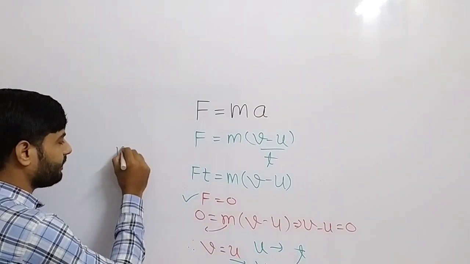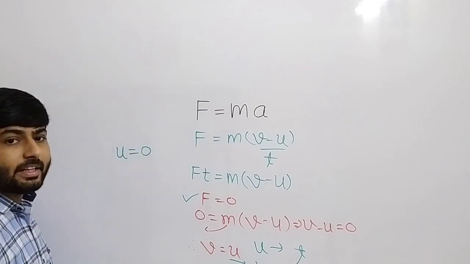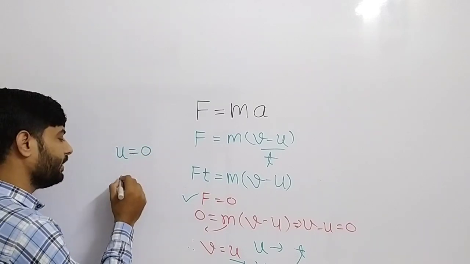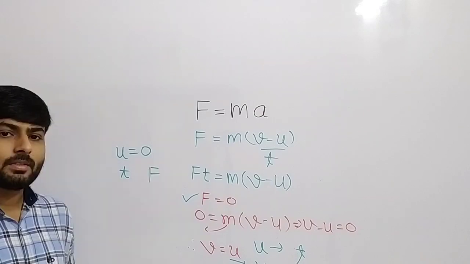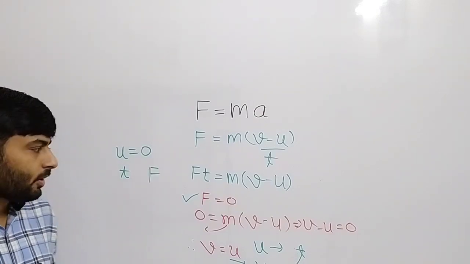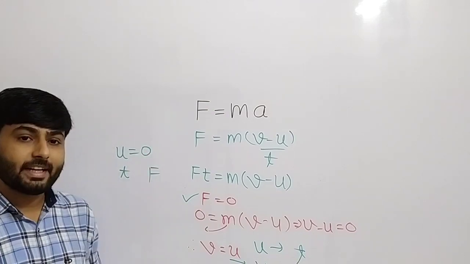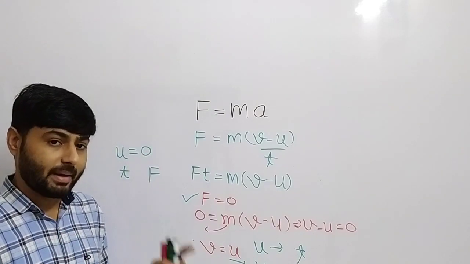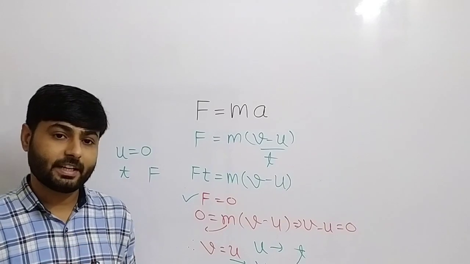And if this velocity is 0, it will not move further till time t and till any external force is applied on it. So in this way we can derive first law mathematically from second law.